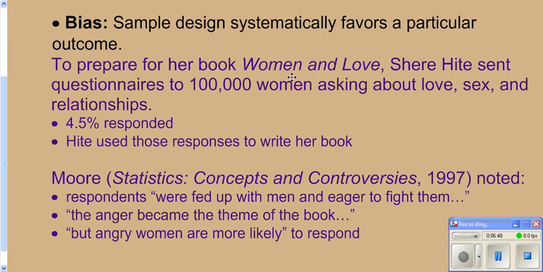Now, in this book, since she only used the responses of those few people, she ended up seeing that the women were fed up with men and wanted to fight with them, or that anger became the theme of the book, which is not really representative of all women in society. It was only representative of those 4.5% of our 100,000 that responded.